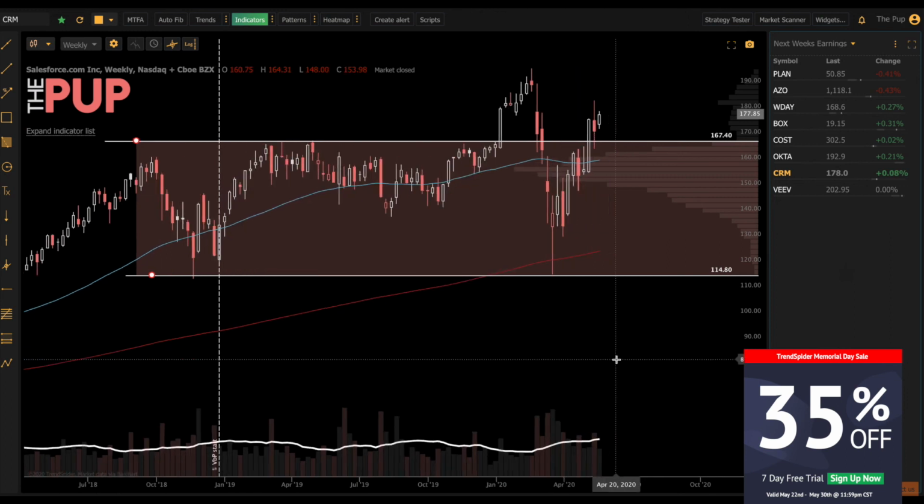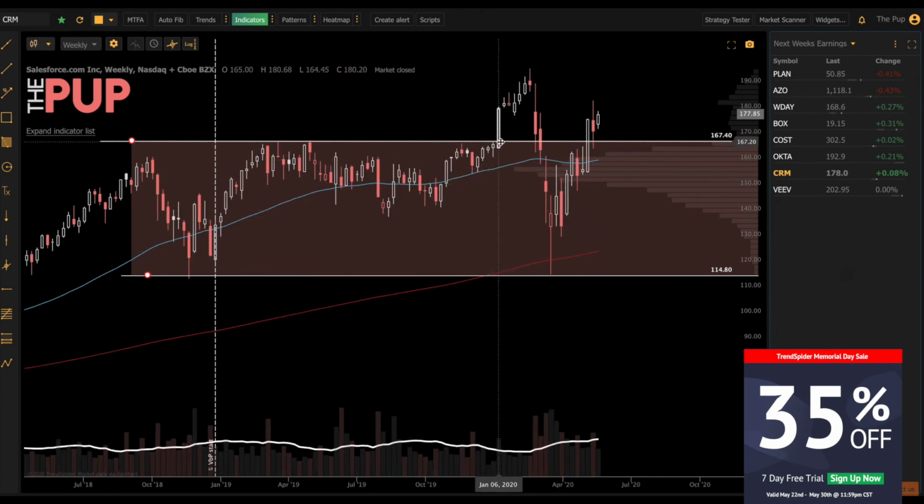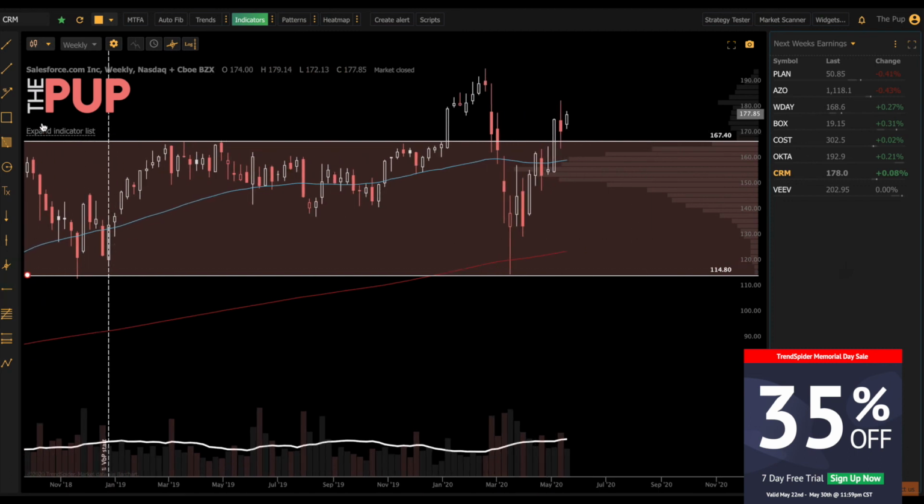And you could see we broke out here in early January, retested, sold off with everything else during the COVID pandemic, and now we're having this V-shaped recovery. Now we're outside of this top line again. So let's keep an eye on what price is doing. We could draw a downtrend line. This is where price has been resisting.